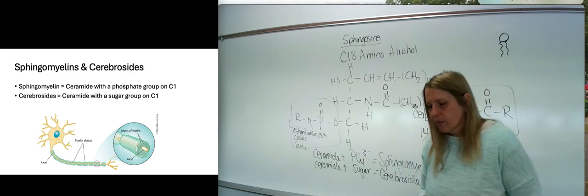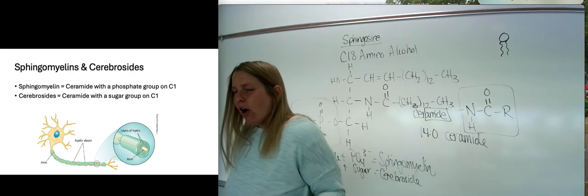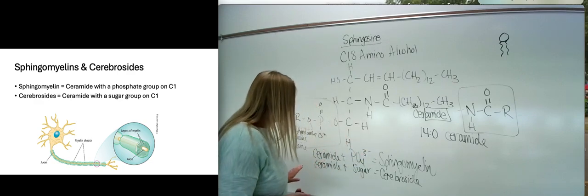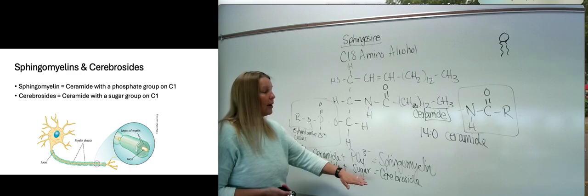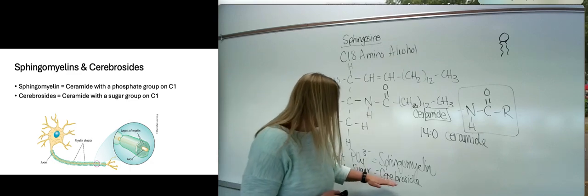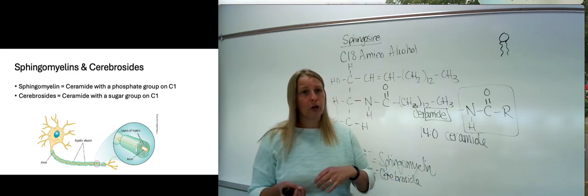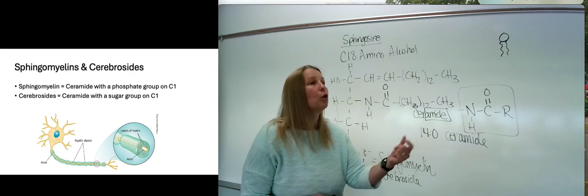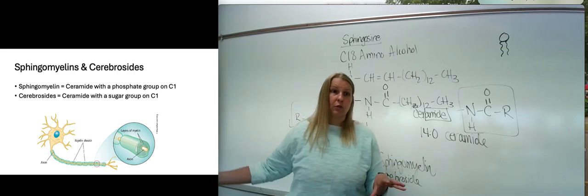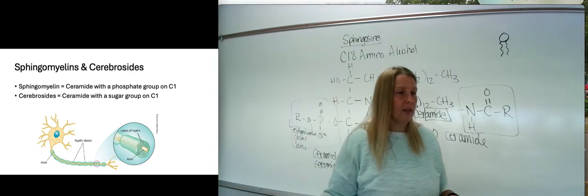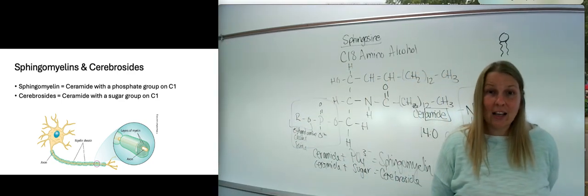Okay, so we can have other types that we're not going to talk about in this course, but if you're interested, please let me know. You can actually take a ceramide, and if you add a really complicated sugar, not just, so a cerebroside just has a simple sugar, maybe just a fructose cerebroside or a glucose cerebroside, just like one sugar. But you can make bunches of different types of sugars. You can put a polysaccharide on there, and that gives you something called a ganglioside.